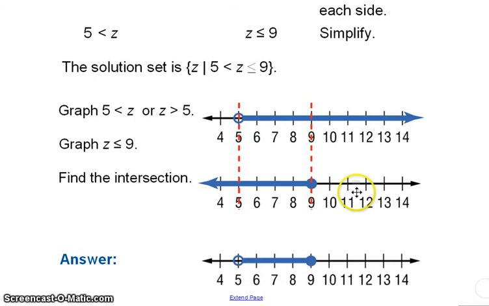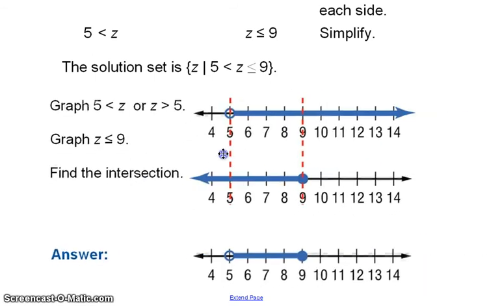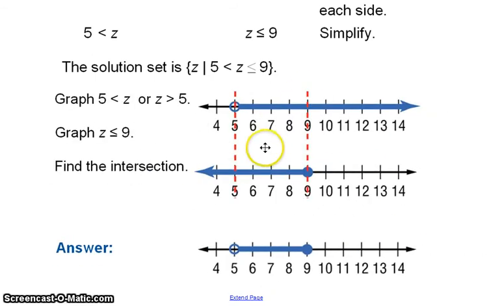I'm not going to make you do these two. Oops, sorry about that. If you look at these two sets, when you recombine your two answers, you can see that z has to be greater than 5 and it has to be less than or equal to 9.